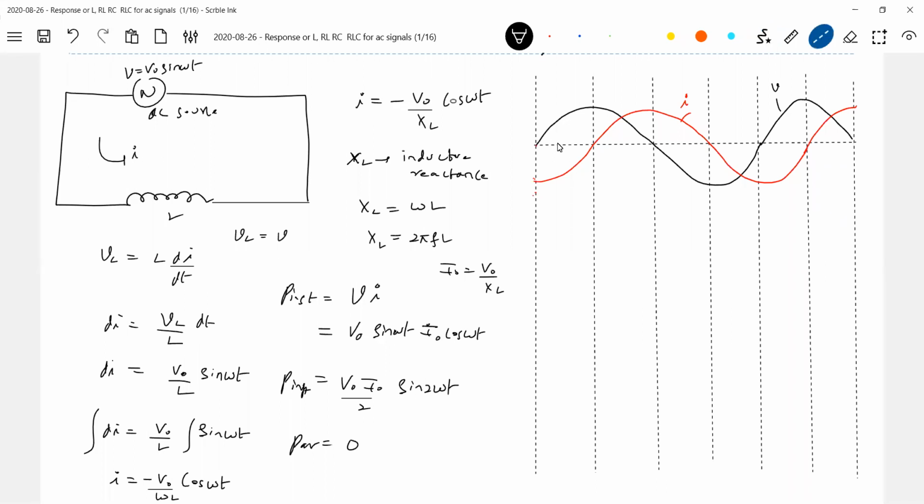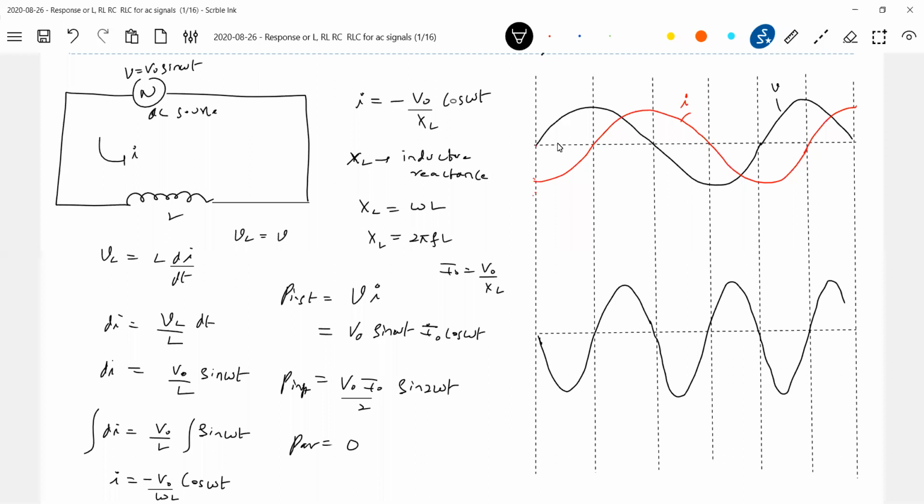Then I plot the graph again, similar to what we did for the RC circuit. So first negative means it will draw energy from the source, then it will return.